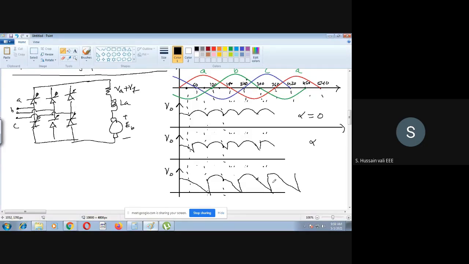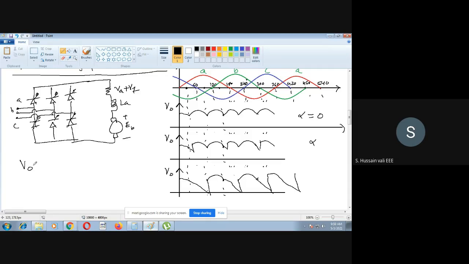So the same analysis you will do even in case of your semiconverter. What is the advantage here? You'll find that the V naught value is a little bit different from the semiconverter. So you have seen this even in the previous classes of the full converter, in case of the separately excited motor. What is the expression you got in case of the separately excited motor?